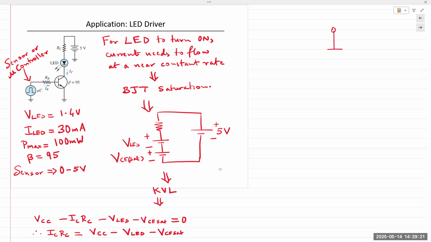So you have plus 5 volts, and this is connected to a switch.